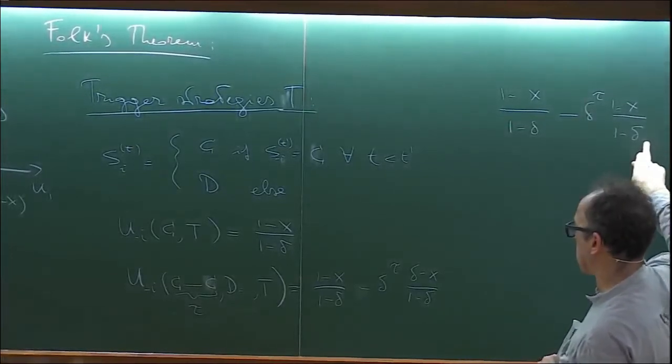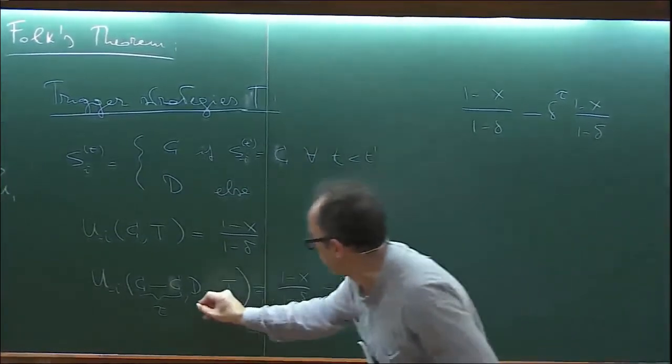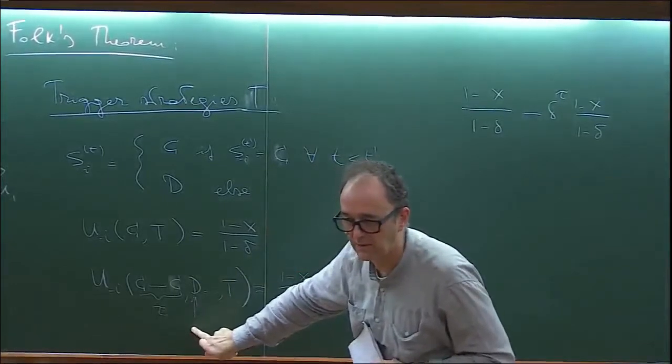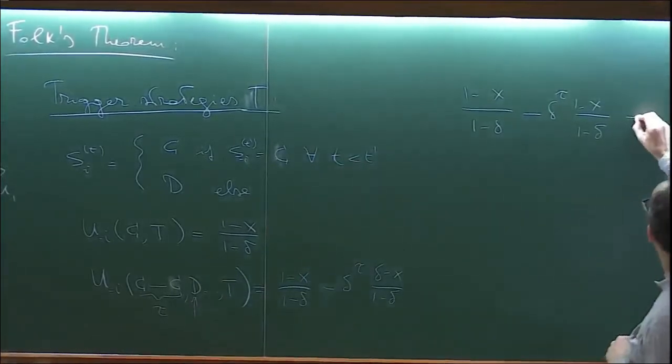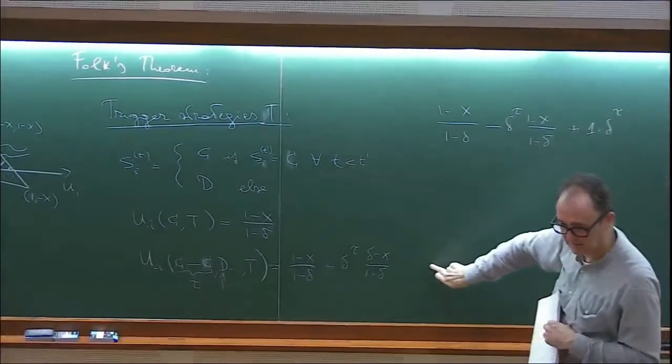And then at this point here the guy gets a payoff of 1, plus 1 times delta to the tau, and if you compute this, you get this.